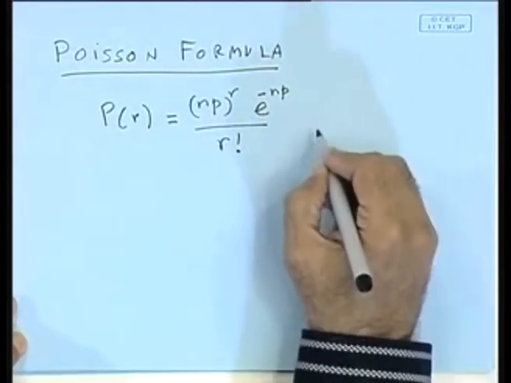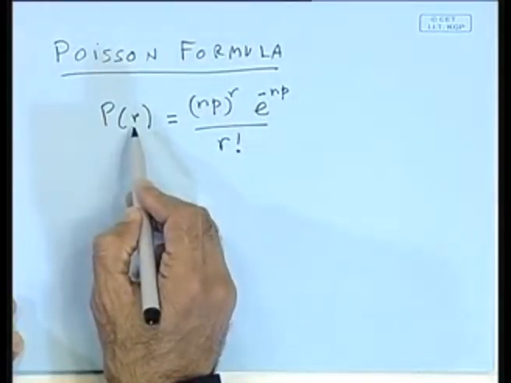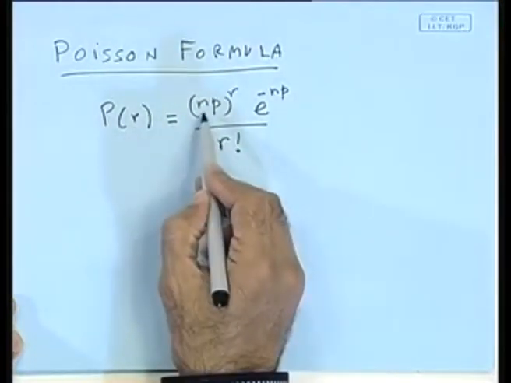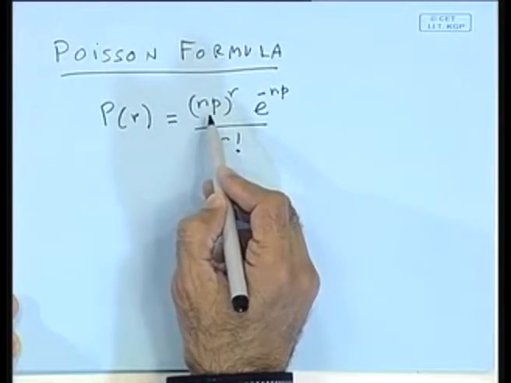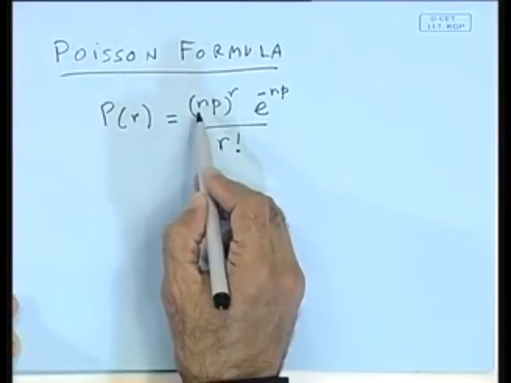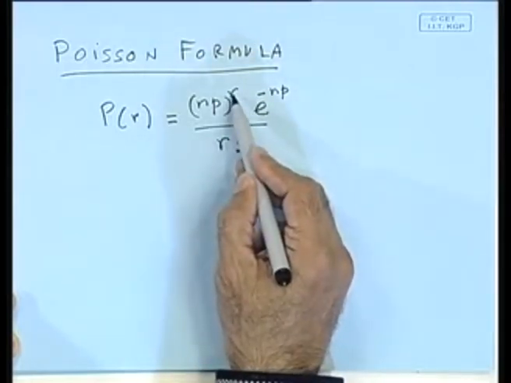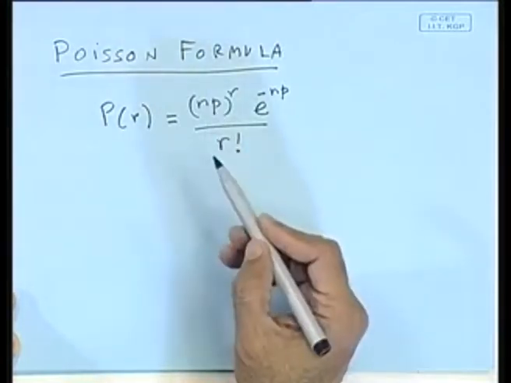This is the formula for finding exactly R defectives when I sample n items from a lot, where p is the overall quality of the lot that is supplying those parts.